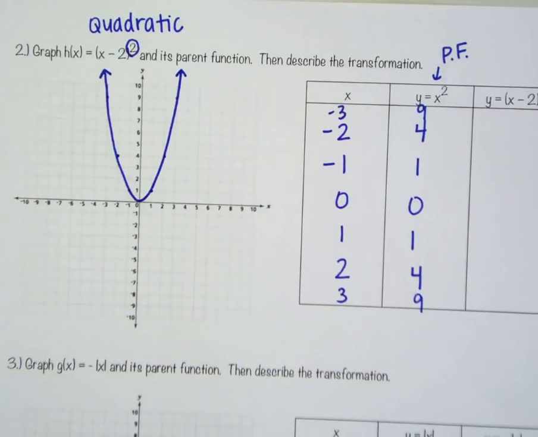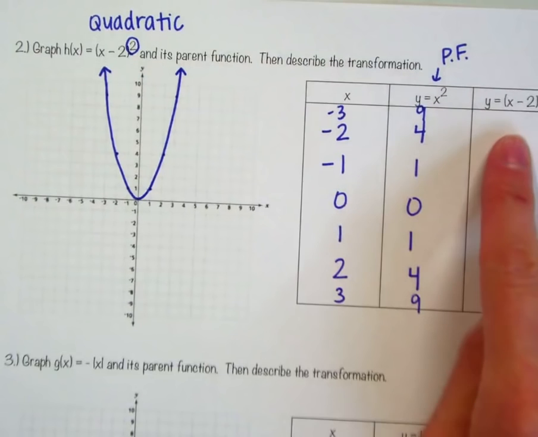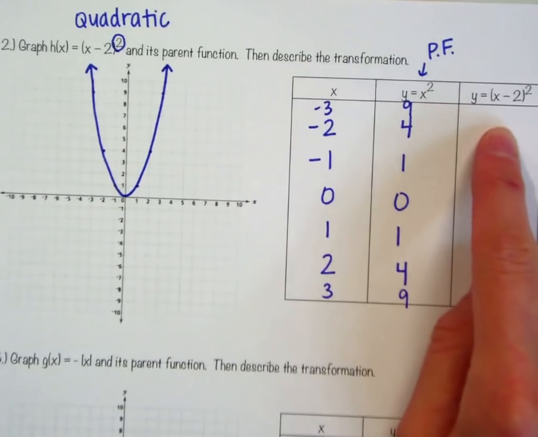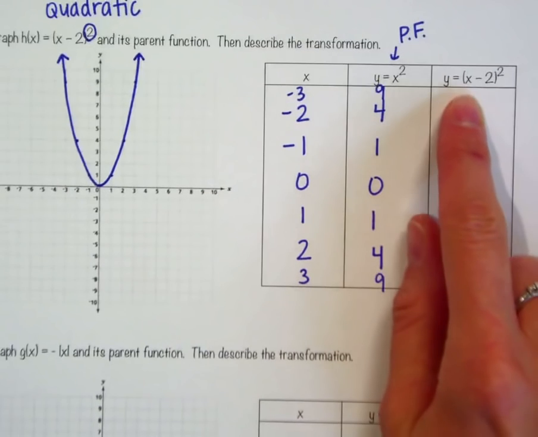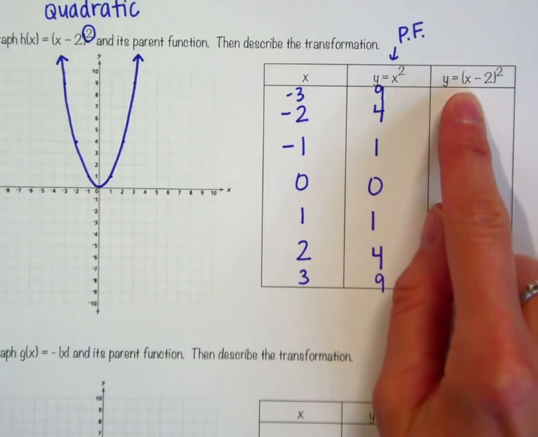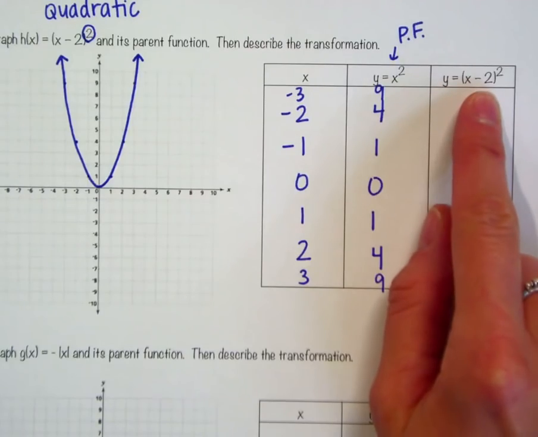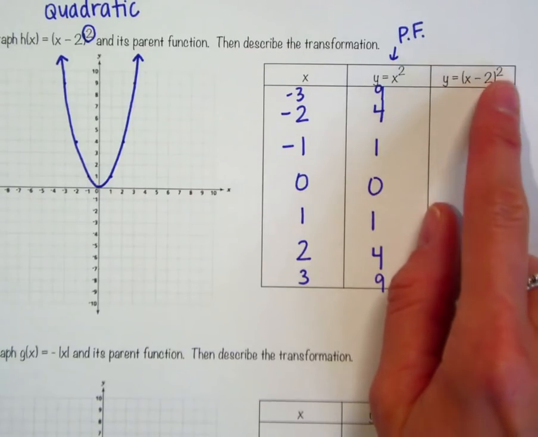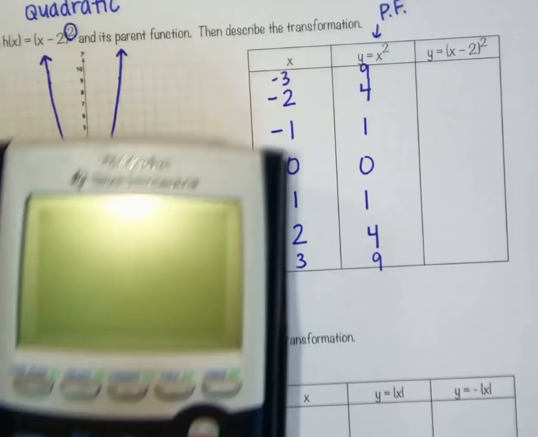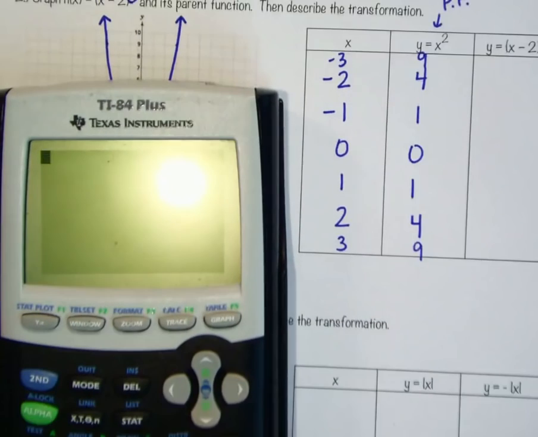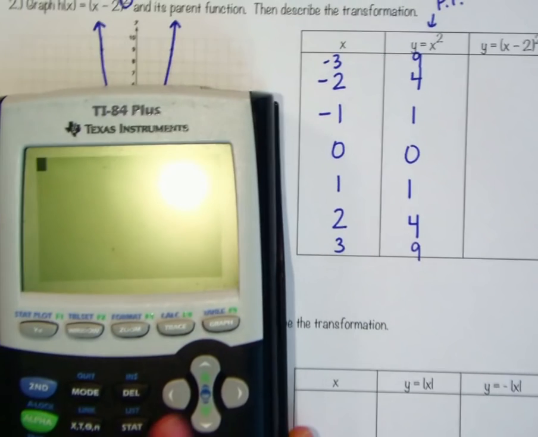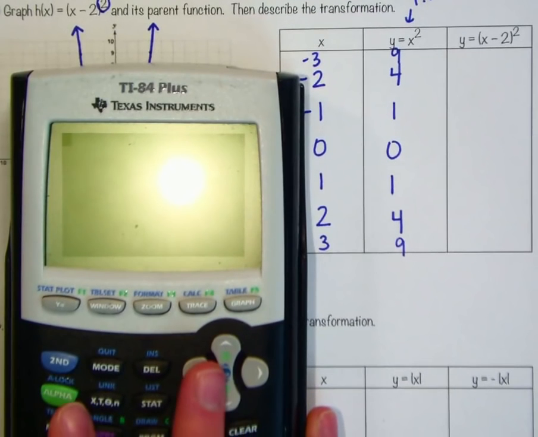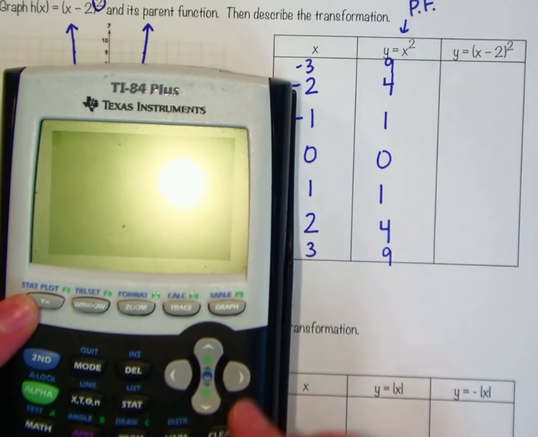So now let's see what these points should be. And again, if you don't have a graphing calculator, you can plug these values of x in. So do like negative 3 minus 2, which is negative 5. Negative 5 squared is 25. But once you get the hang of kind of a couple calculator shortcuts, figuring out these values and finding your tables is going to help you a lot.